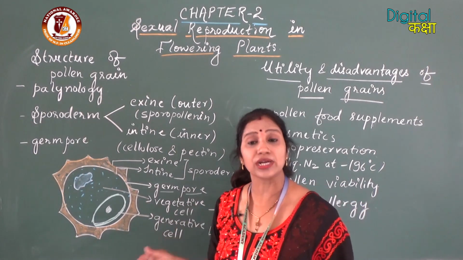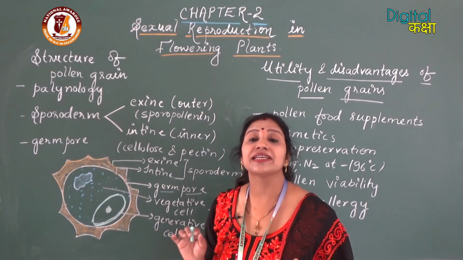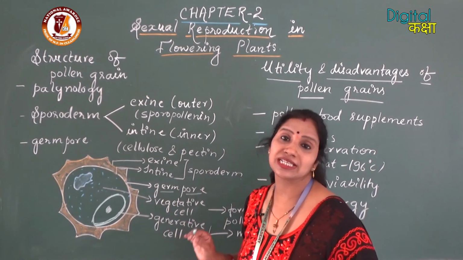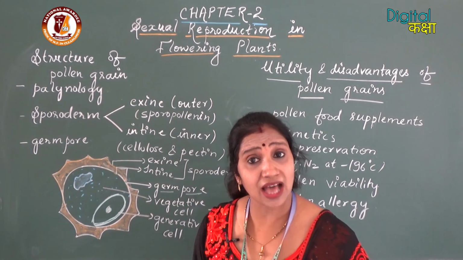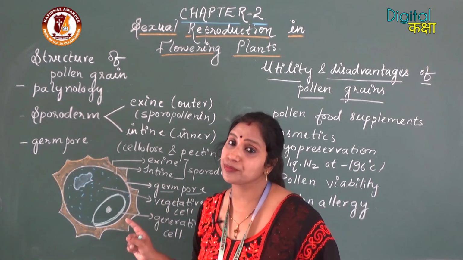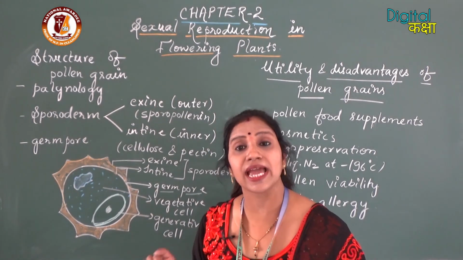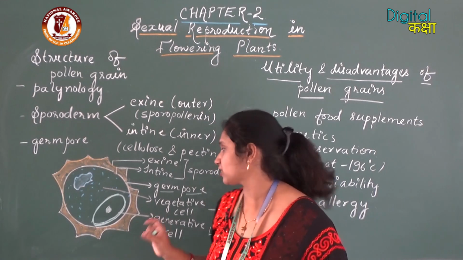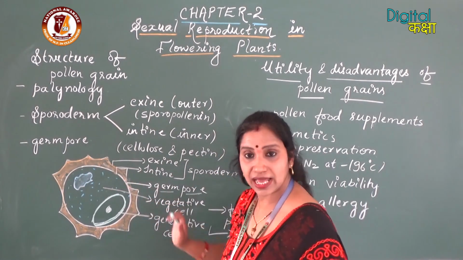What is the germ pore? The region where the exine layer is absent is called the germ pore. A pollen grain may have 1 to 3 germ pores from where the pollen tube comes out at the time of germination.